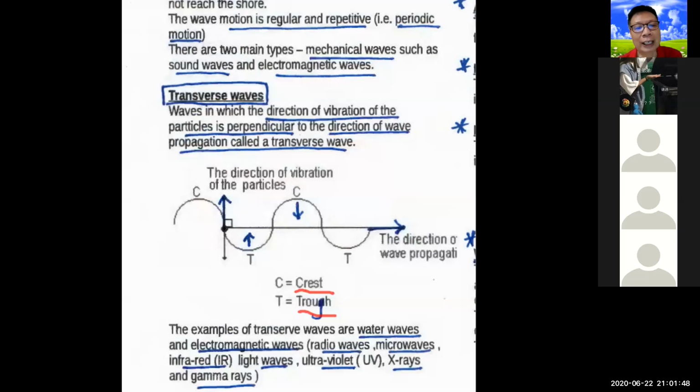Okay, now I want to ask one question. What is wave propagation now? What is the meaning of propagation? Just like everyone said, the direction of vibration of particles is perpendicular to the direction of propagation of the wave, right? What is propagation now? Can you, are you here?